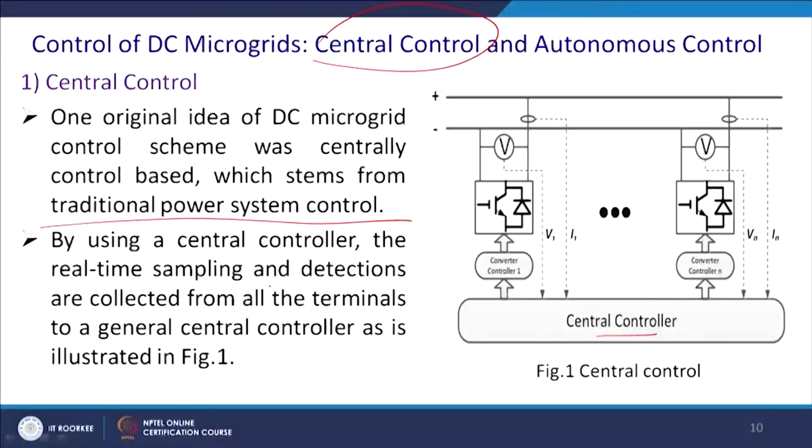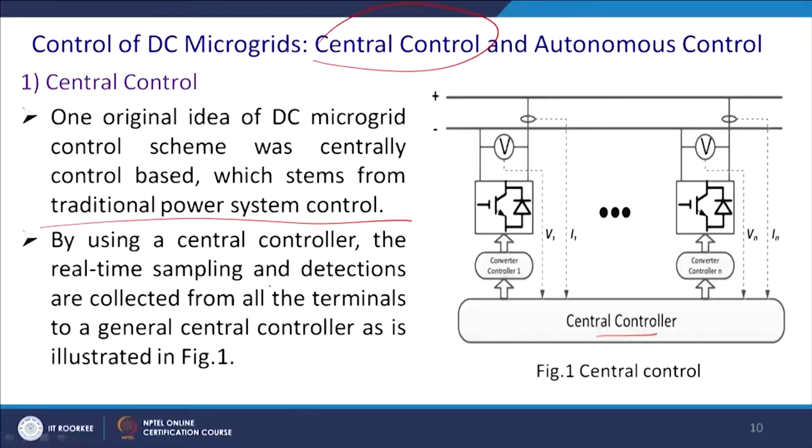So, detection. If a fault has occurred, let us say, and voltage is increasing in the case of the AC microgrid, then there is a problem. If voltage itself is decreasing and a fault has occurred, then your current automatically comes down.